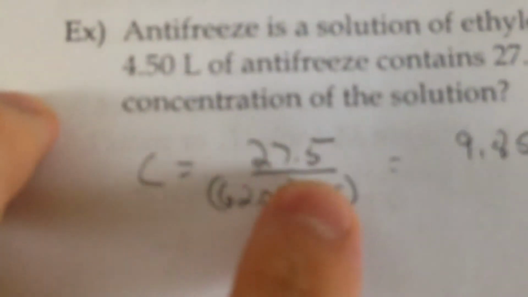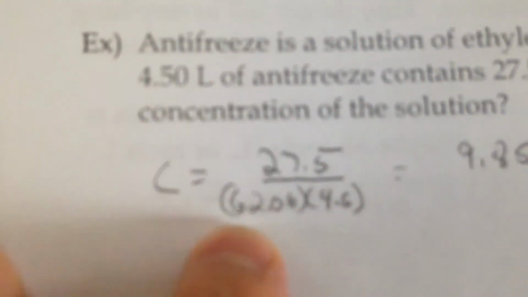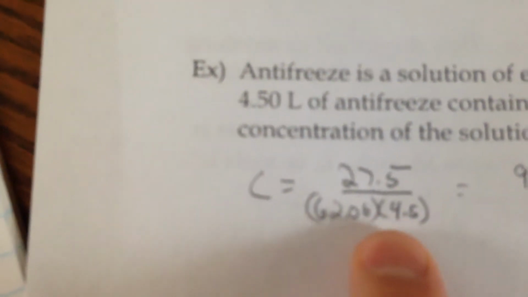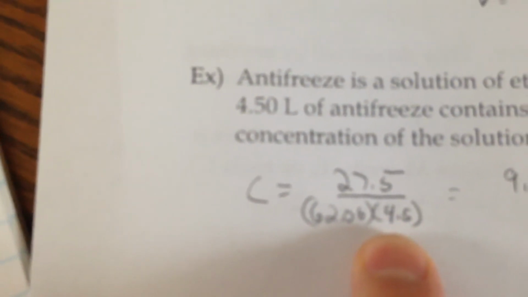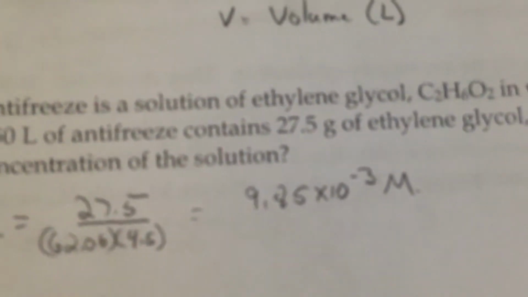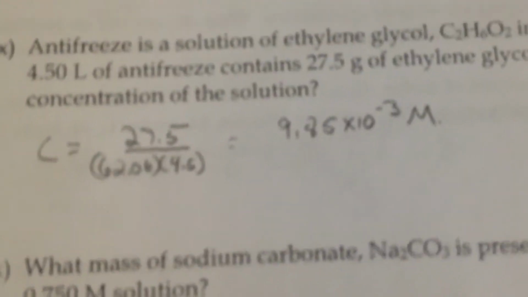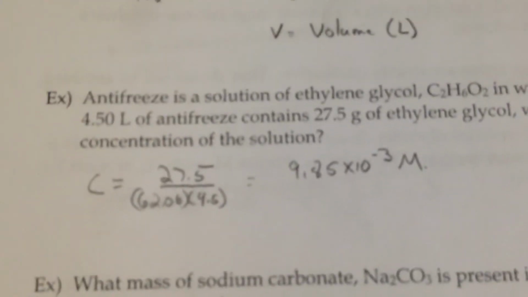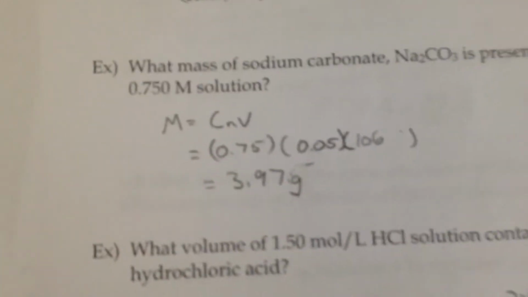So I take my mass, which is in grams. I find the molar mass of this guy here, and then I multiply that by my liters, 4.5. If you work that all out, you get 9.85 times 10 to the negative 3 molarity, so the concentration is not that big.